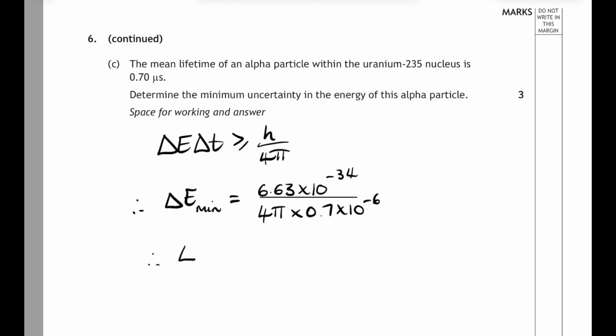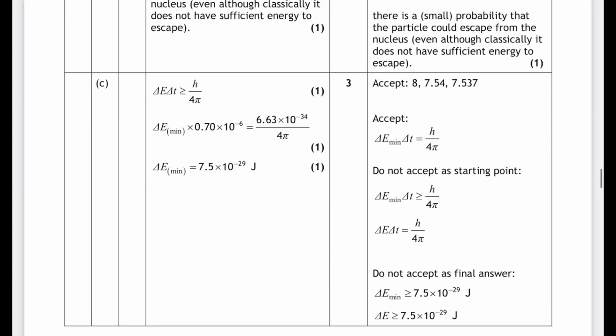And if you do that on your calculator, you'll get an answer for the minimum uncertainty in the energy of 7.5 times 10 to the minus 29 joules. Let's have a look at the MIs. Remember, if you're writing the relationship from the relationship sheet, it must have the greater than or equal to sign in it. But as soon as you state delta E min is what you're looking for, then you can reduce that to an equal sign.